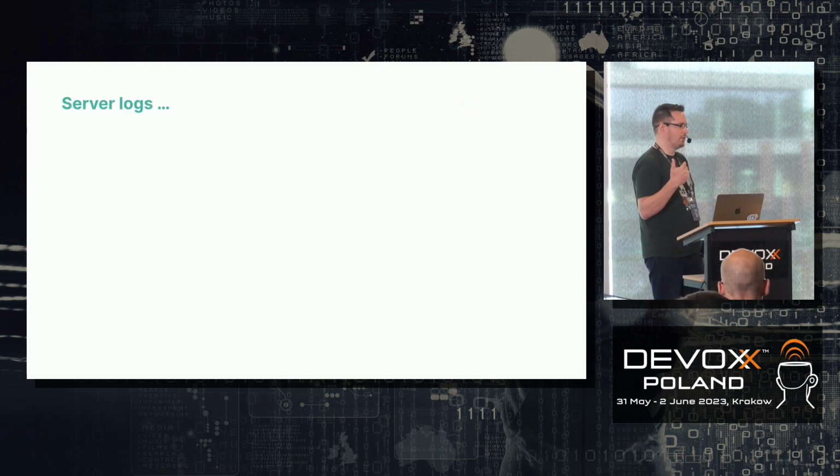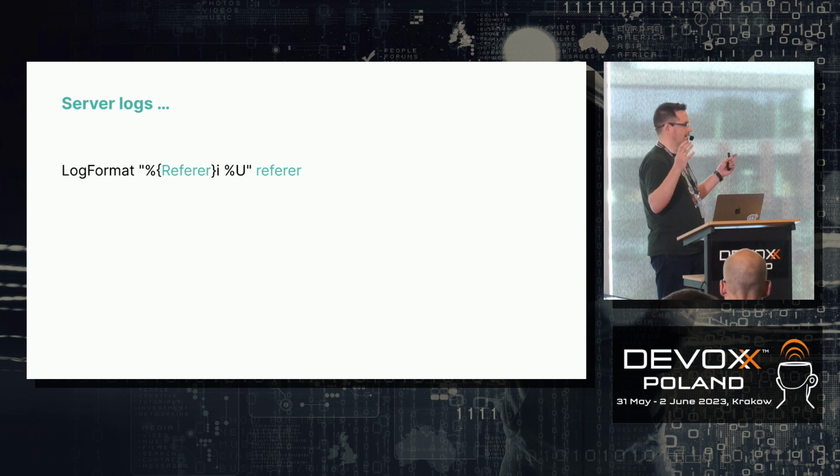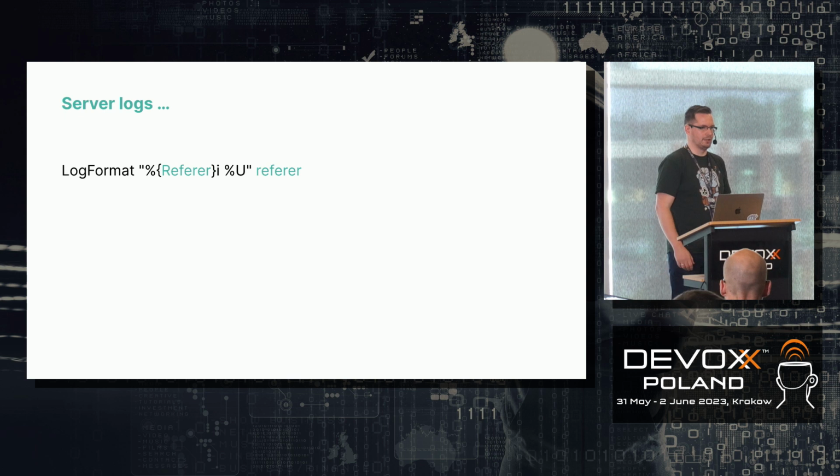When you come to the server that's hosting the files and look at the logs, we will actually be getting referrer information. So whenever any user comes to any page that downloads my content, I will see in the logs the entire URL with all the params that the user has.